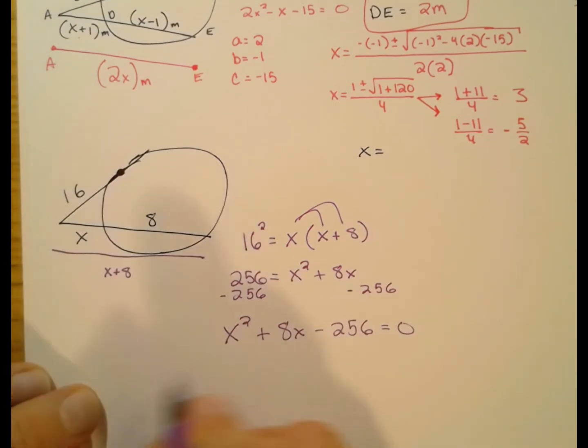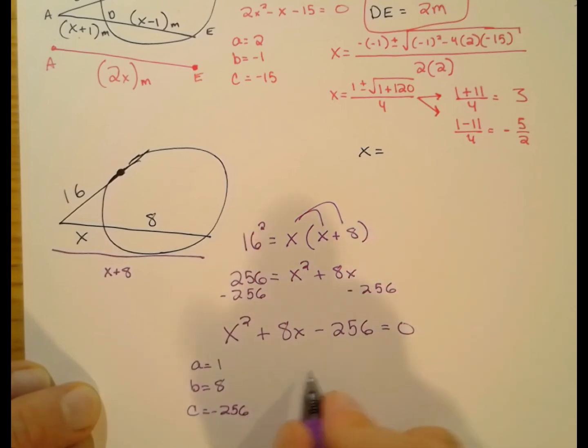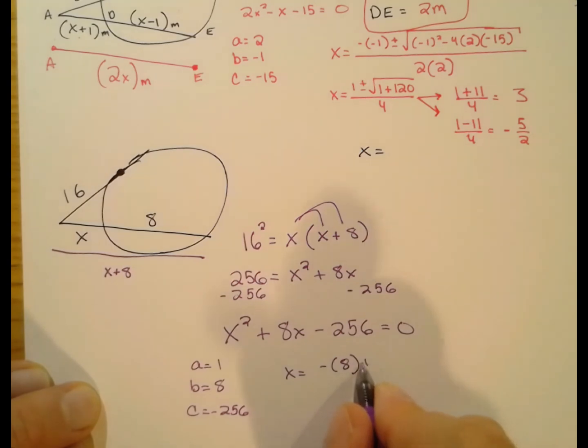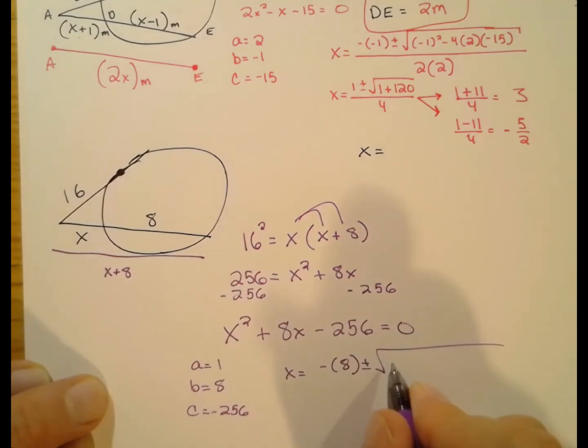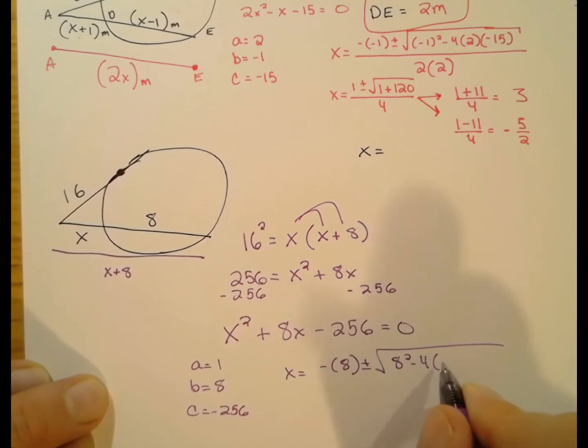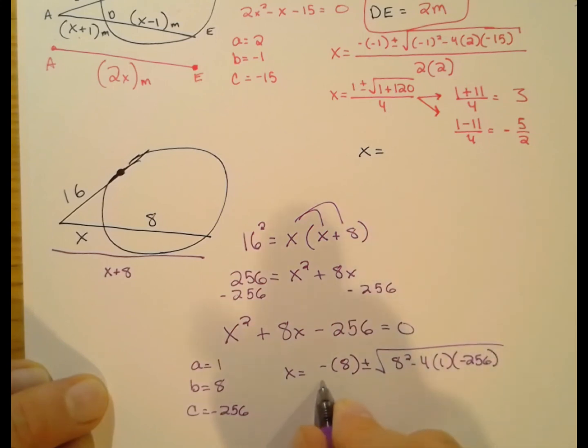Quadratic formula now. A equals 1, B equals 8, C equals negative 256, x equals negative b plus or minus the square root of b squared minus 4ac all over 2a.